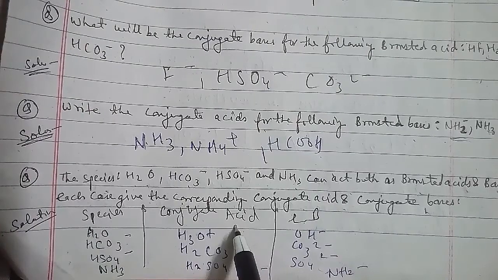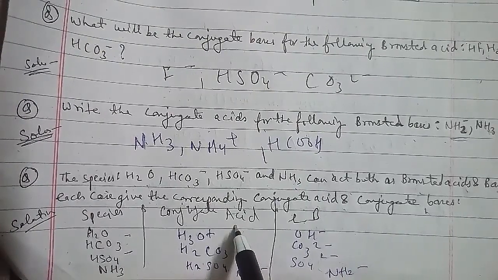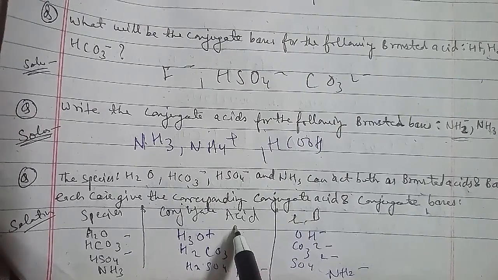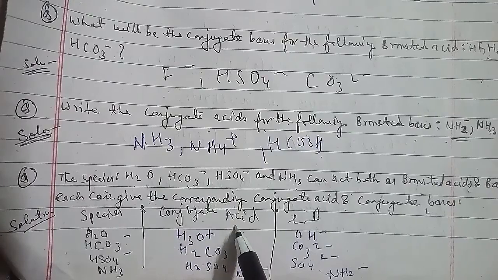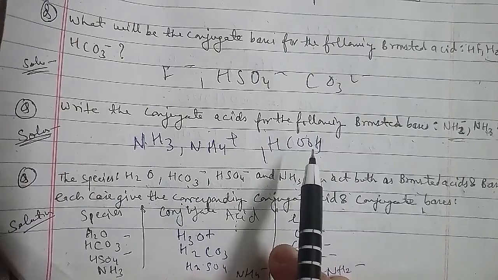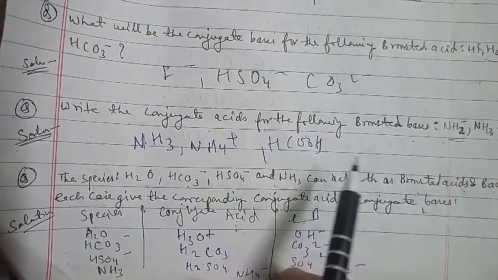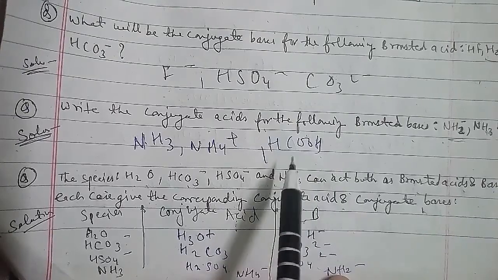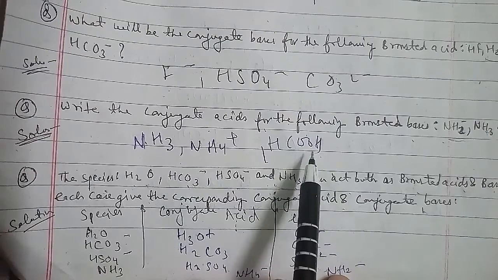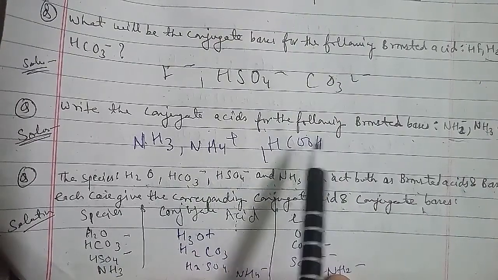In the classification of elements and periodicity in properties, we discussed why we need to classify elements, genesis of periodic classification, modern periodic law and the present form of the periodic table, nomenclature of elements with atomic number greater than 100, electronic configuration of elements and the periodic table, types of elements as s block, p block, d block and f block, and periodic trends in the properties of elements.